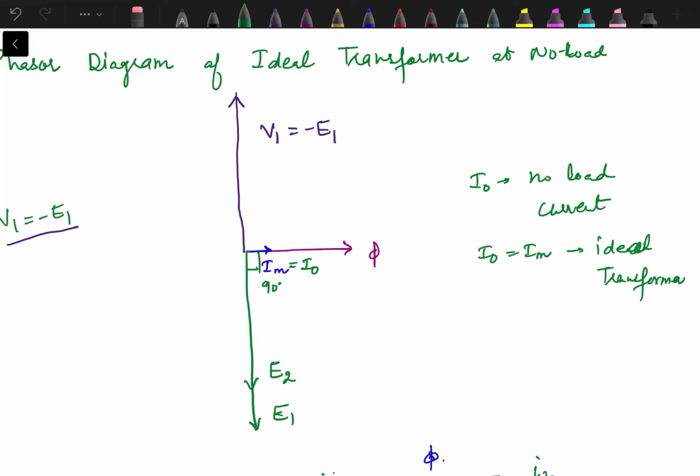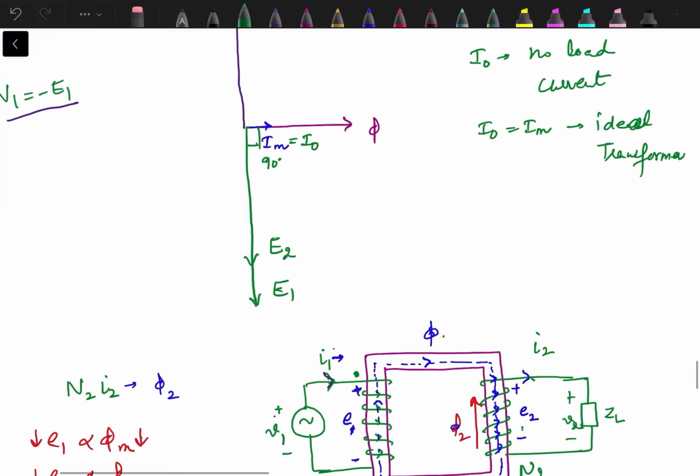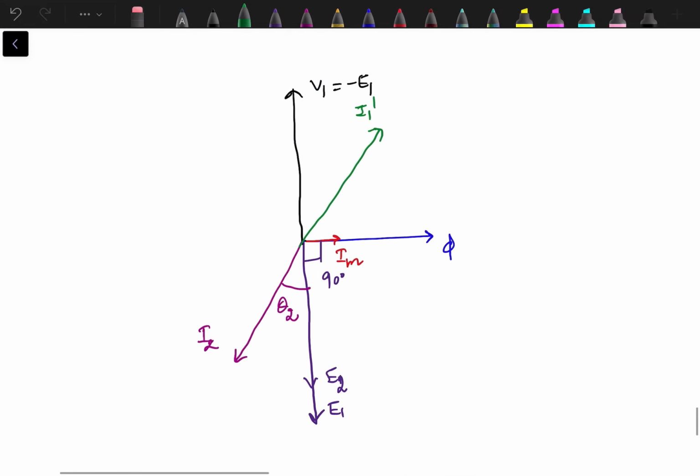We will see how it gets modified in case of a practical transformer. This one is equal to I naught, and the resultant of these two currents is I1, which is the primary current. So I1 is the phasor sum of I naught and I1 dash.